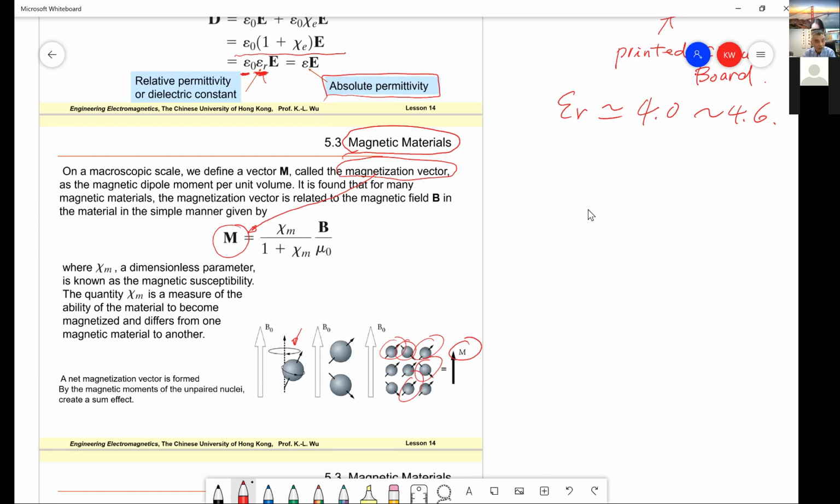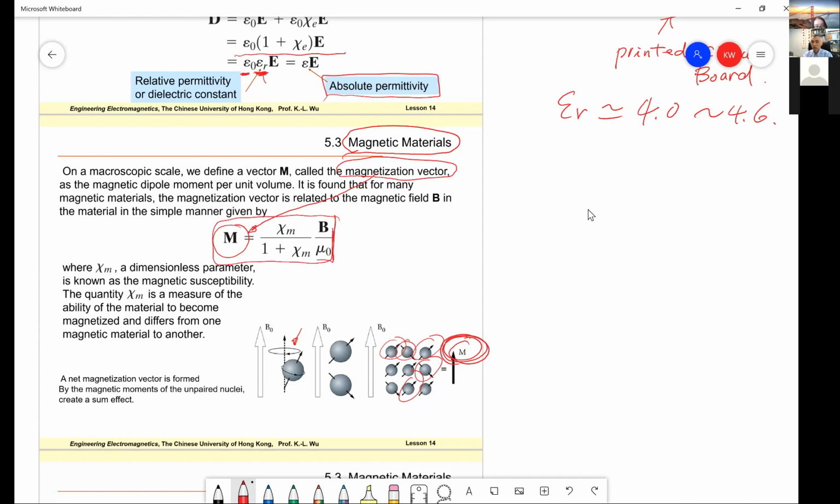Same as we have a net electric charge because of the dipole moment of positive and negative charge. Then we have M, that is the actual magnetic field, which is proportional to the original B.